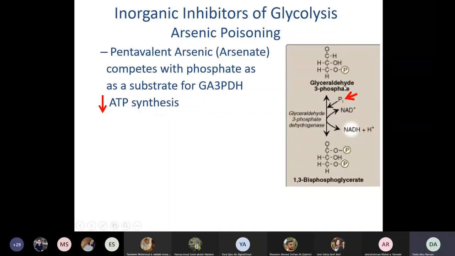Now what happens? It replaces, or competes with, this phosphate that is used as a substrate in addition to glyceraldehyde 3-phosphate. It interferes with the completion of this step and the reactions would bypass this step to form 3-phosphoglycerate.